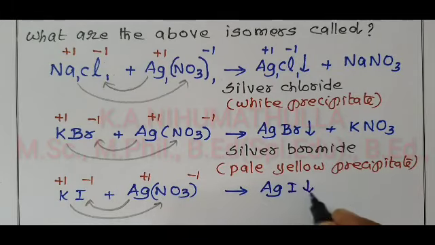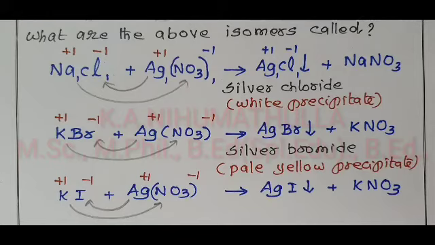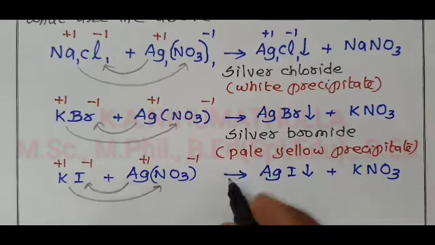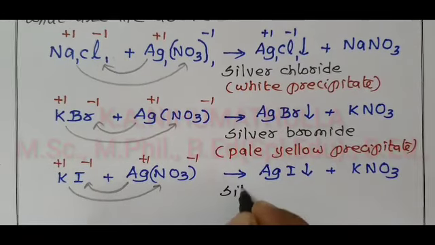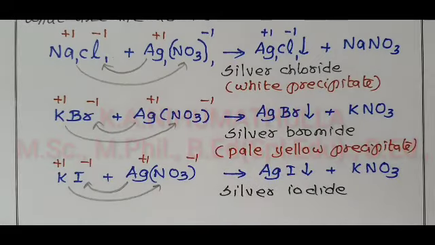A precipitate is formed, with the byproduct potassium nitrate. What is the name of this compound? The name of this compound is silver iodide. Silver chloride, silver bromide, and this one is silver iodide. The color of the precipitate is yellow.